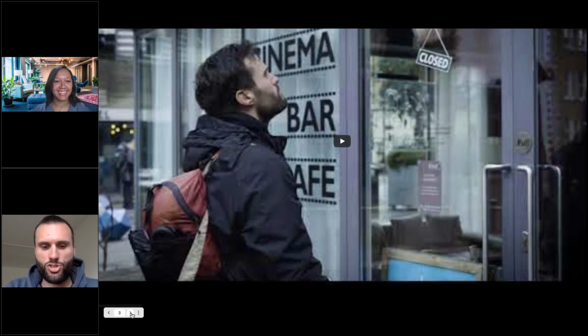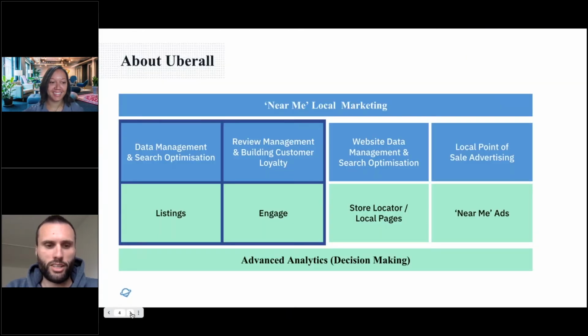So let's jump into a little bit more about who we are and why it actually matters. Uberall is a location marketing software company, and we position ourselves as a near me marketing or near me brand experience platform. What we're going to focus on today is the data management and search optimization area, and review management and customer loyalty and customer experience.